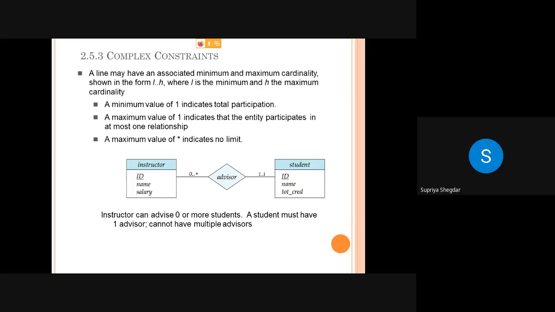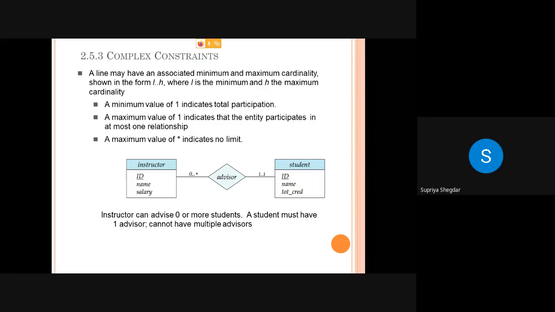This means the mapping cardinality may be low or high, minimum or maximum. So these complex constraints are represented by a line, and the line has an associated minimum and maximum cardinality. This cardinality is in the form of low to high, L to H.